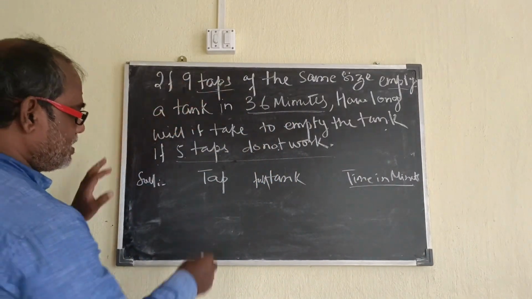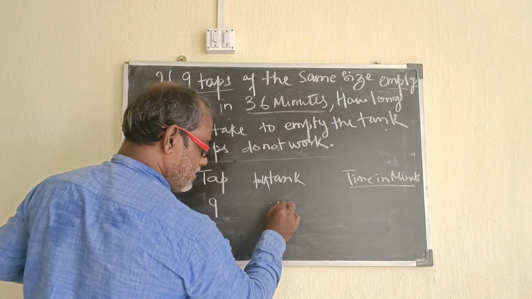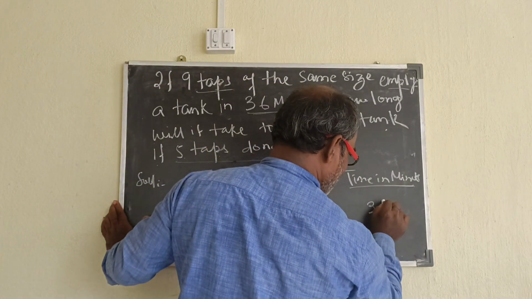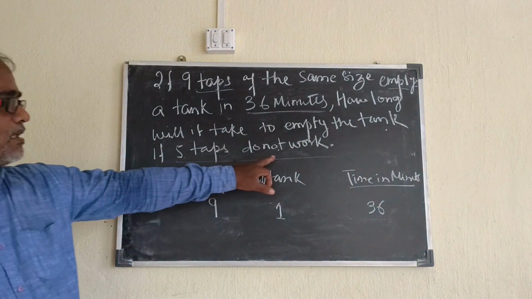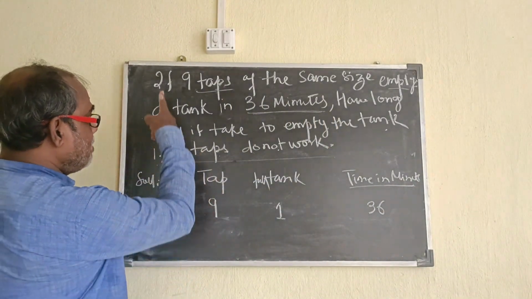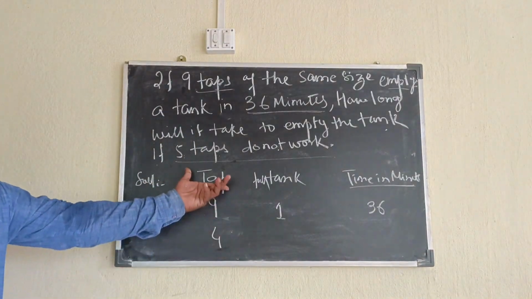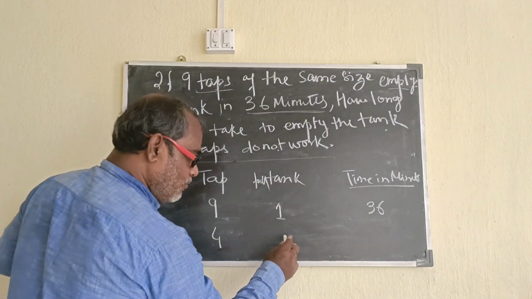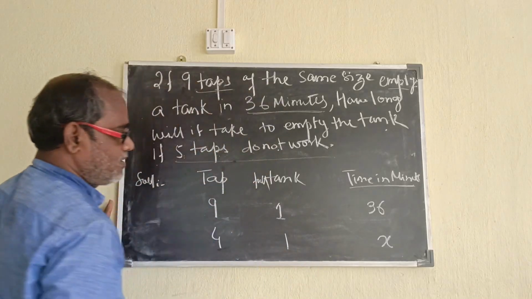So 9 taps, write it here, 9 under the tap, 1 full tank, it is getting emptied in 36 minutes. Now 5 taps do not work, that means 9 minus 5, that is only 4 taps are working. The 4 taps have to empty a full tank in how much time? Let it be x minutes.